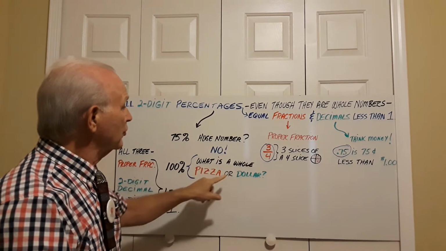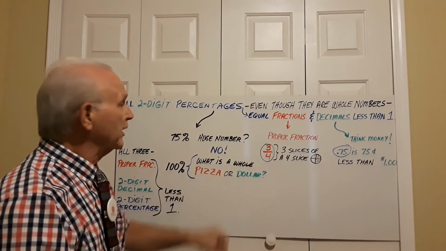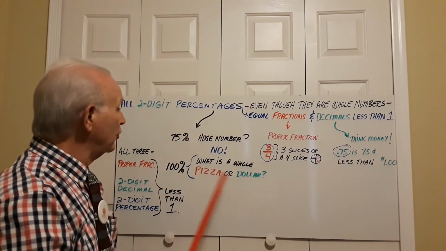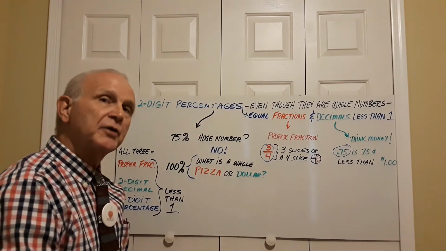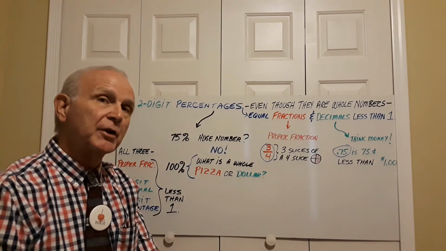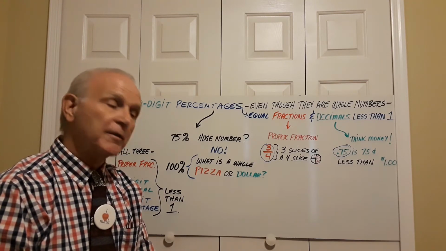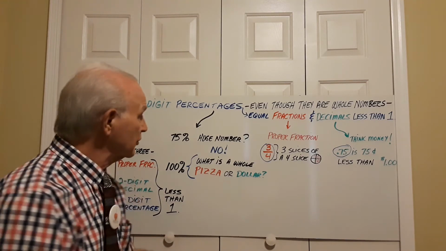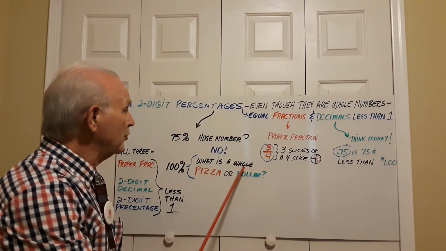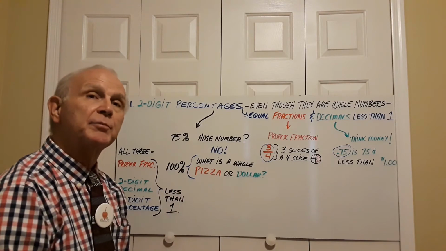What is a whole pizza or a dollar when you're talking about percentages? What is a whole pizza? 100% of the pizza. What is a whole dollar? A whole dollar bill as compared to a handful of maybe a few nickels and dimes and so on. A whole dollar and a whole pizza, this word whole, is 100%.